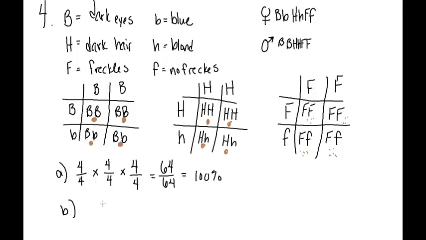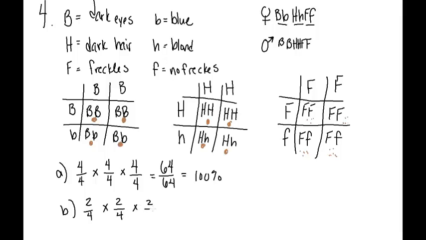Now B, what is the probability the child will share the same genotype as their mother? And the mother is heterozygous for everything. So what is the probability the child will be heterozygous for eye color? It is 2 out of 4, or you can write 1/2. It is also 2 out of 4 chances of the child being heterozygous for hair color.